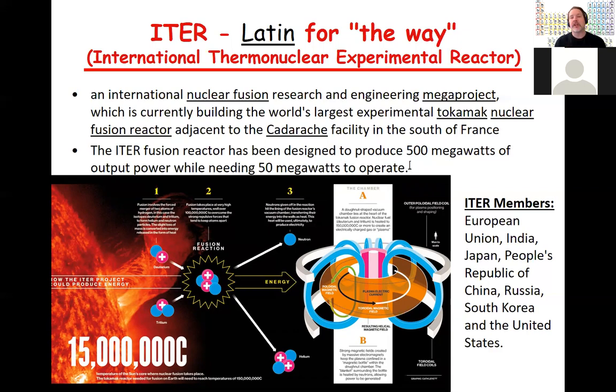The current attempt by humanity is a multinational endeavor called ITER, the International Thermonuclear Experimental Reactor. It's in France, and it's not just the French: the United States, India, Japan, China, Russia, South Korea, we're all working together trying to get this reactor to work.